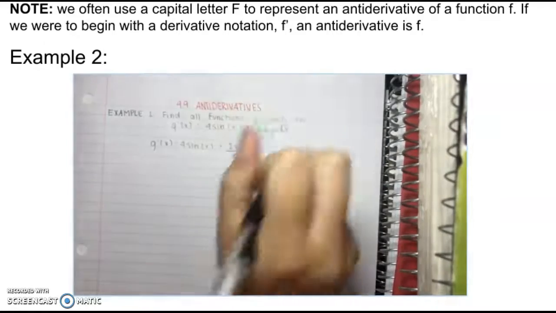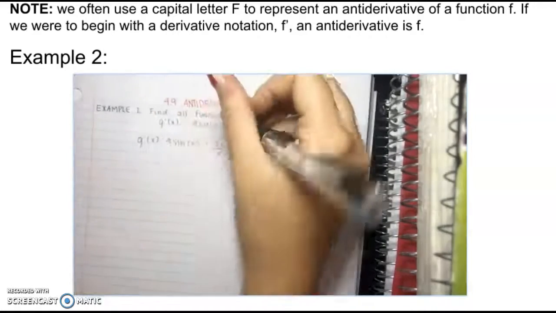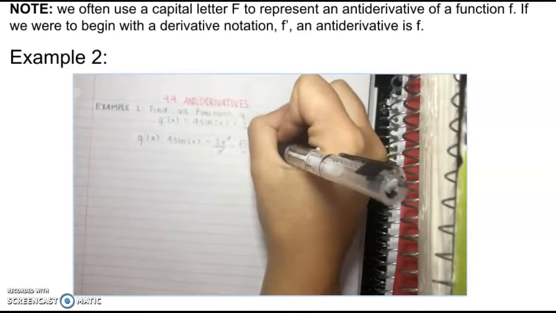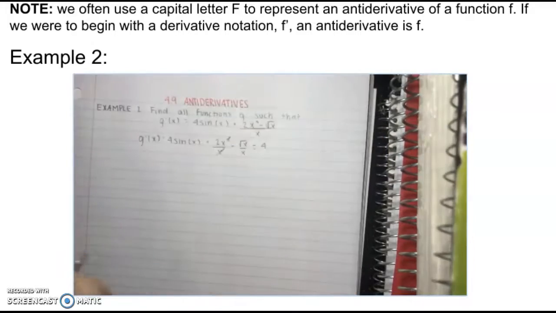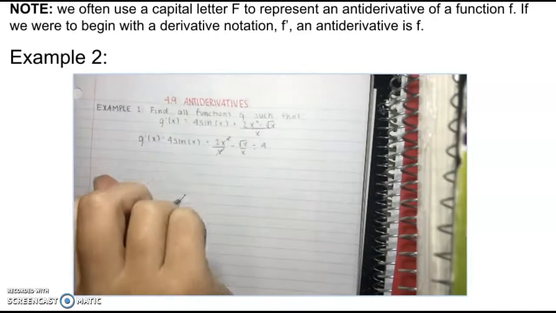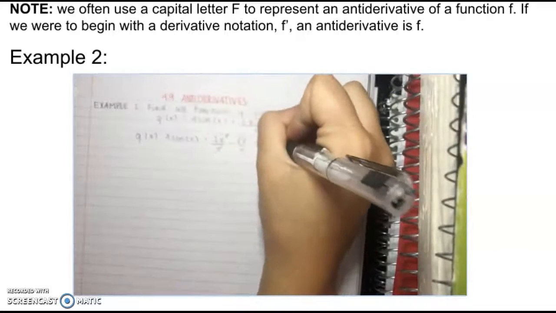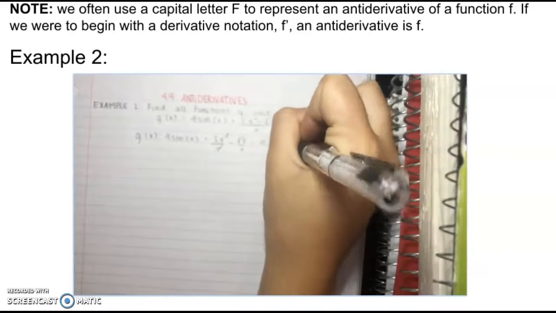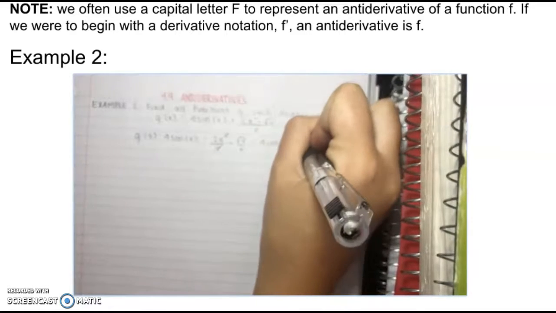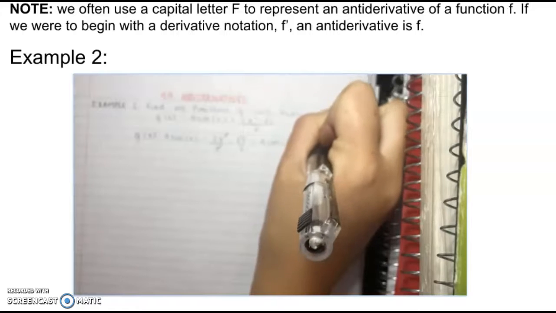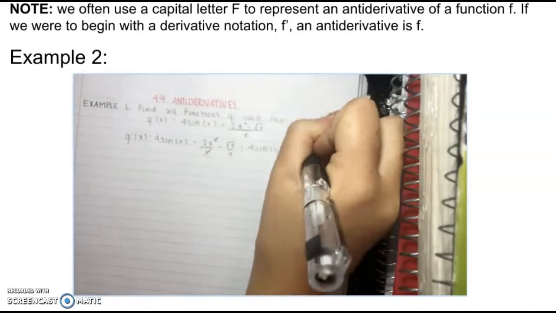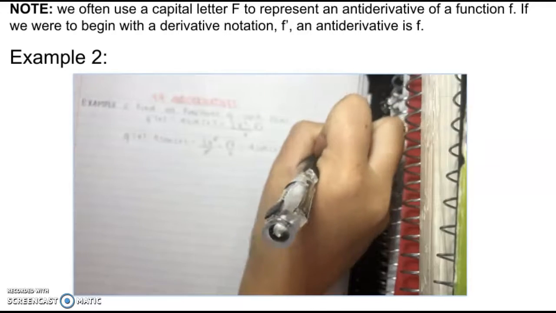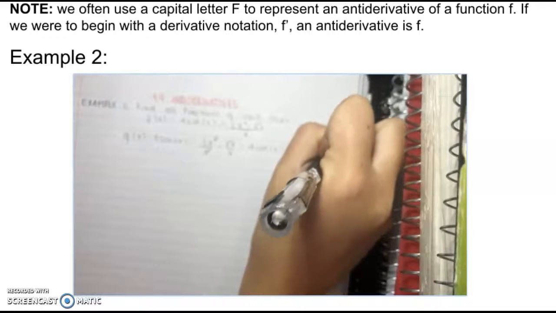Now we can cancel some of these, and we would get 4 sine x plus 2x to the fourth minus 1 over square root x.